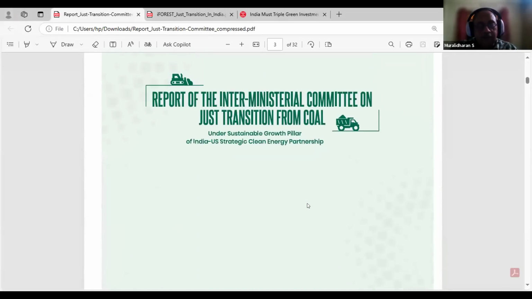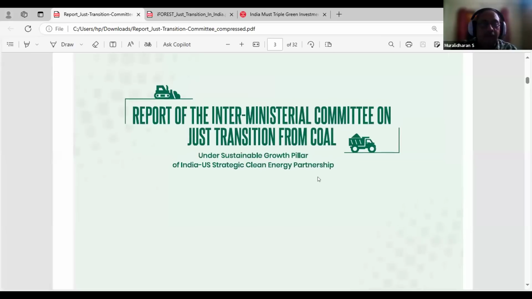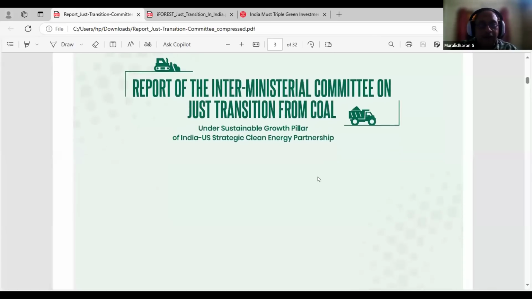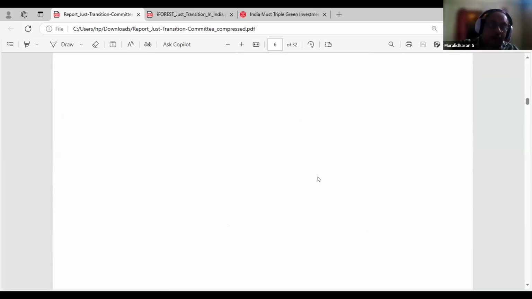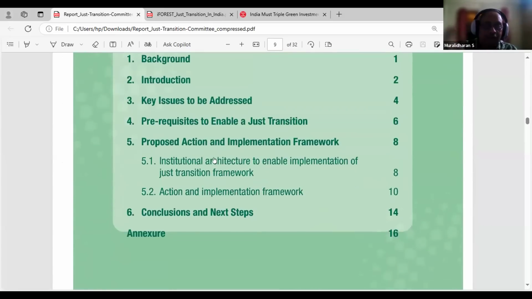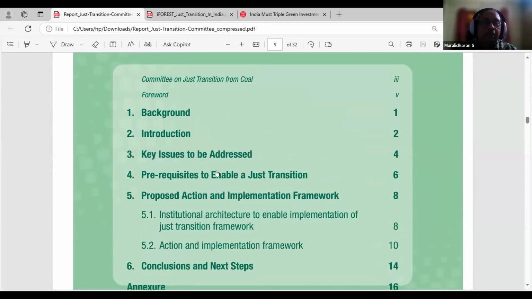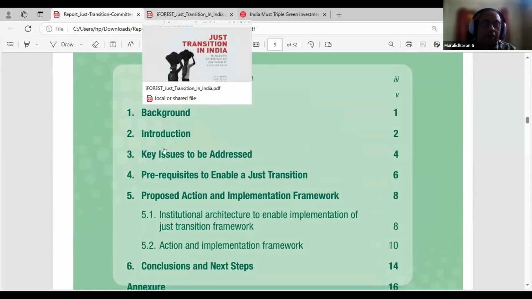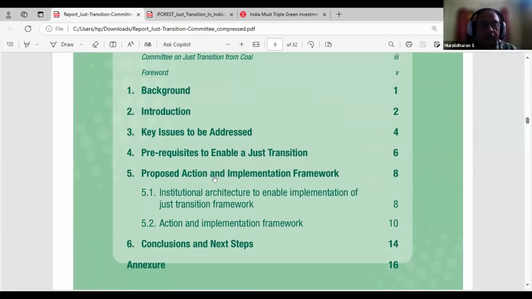It has been made now, but we have enough number of years. 2070 is the target, and what is likely to happen we don't know, and whether this is going to be a live document, we will have to wait and see. But I just wanted to inform that yes, India is also taking this issue up in a way that is feasible for them, coming up with policies addressing the just transition.